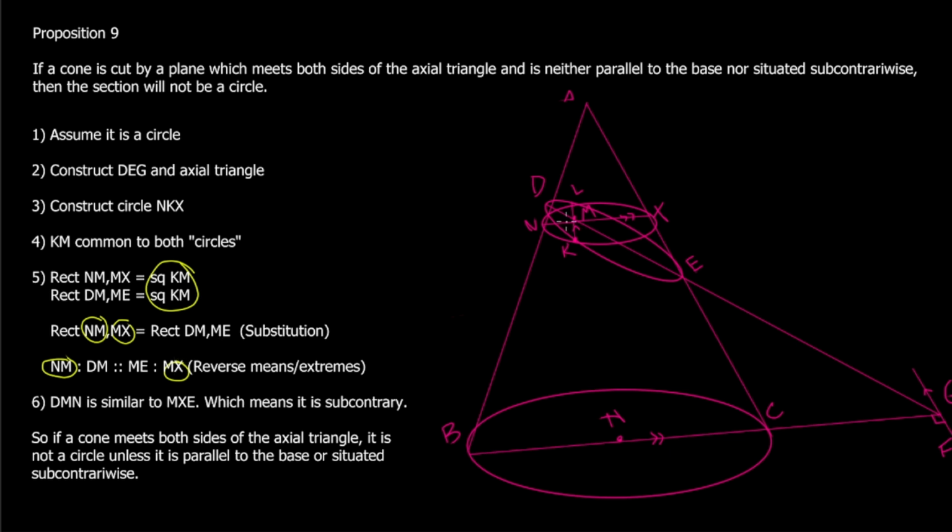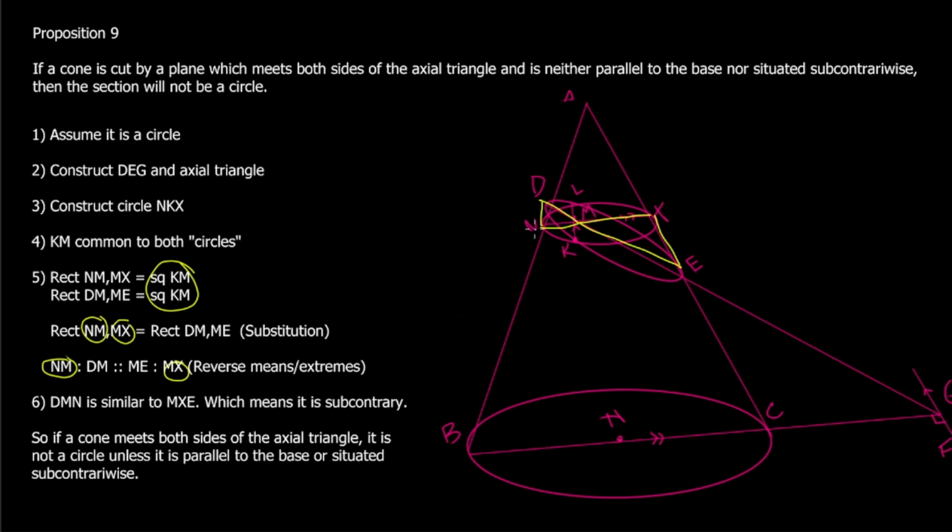Now let's take a look at where those lines are in this diagram. So you've got NM, DM, and you've got ME, MX. If you were to complete these triangles, we know that in similar triangles you can set up a ratio with the sides that correspond, meaning the sides that sit across from equal angles in their respective triangles.